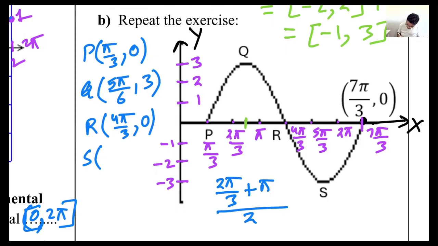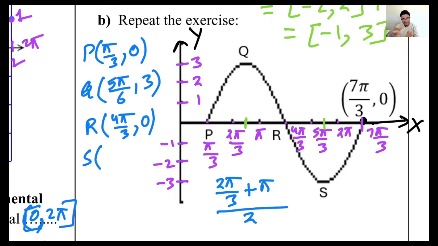Finally, S. The story of S is similar. Now the graph might look a little crooked, but it is supposed to be between 5 pi over 3 and 2 pi. I am going to do that with the degree logic. Okay. Pi over 3 is 60 degrees. So 5 pi over 3 is 300 degrees. 5 times 60, 300 degrees.